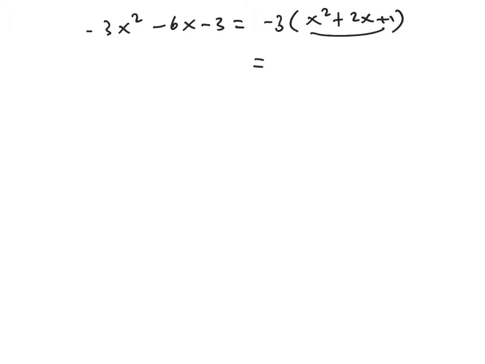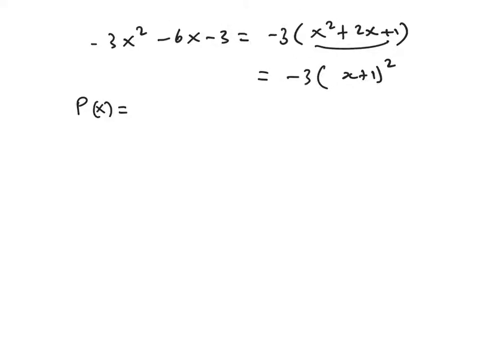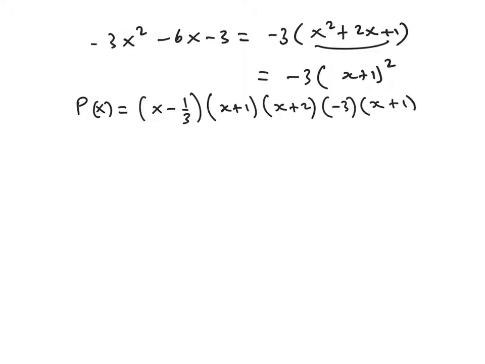Now this is a perfect square, so it's (x plus 1) squared. And finally our p of x is written as (x minus 1/3)(x plus 1)(x plus 2) multiplied by minus 3 (x plus 1)^2. This is the term q of x.